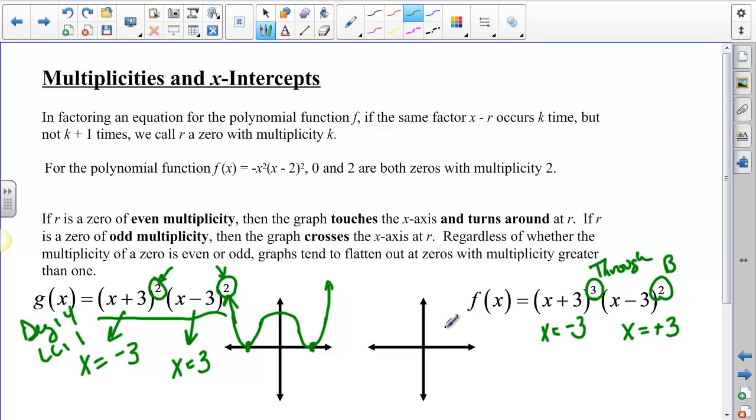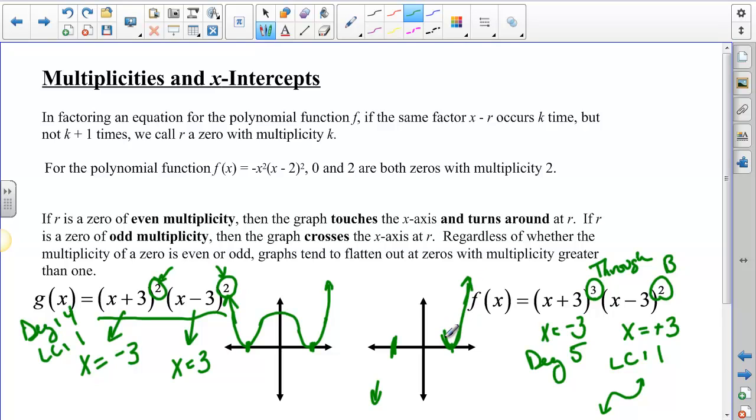So let's graph it. There's 3, there's negative 3, and my degree here is 5 with a leading coefficient of 1, and so that's going to go up to the right and down to the left. So if I'm going up to the right, down to the left, it's going through at negative 3 and bouncing at positive 3.